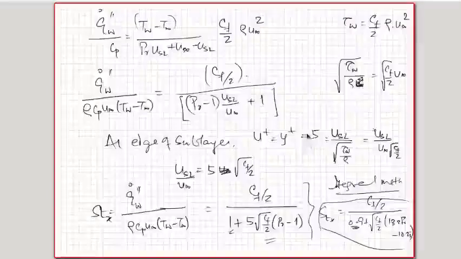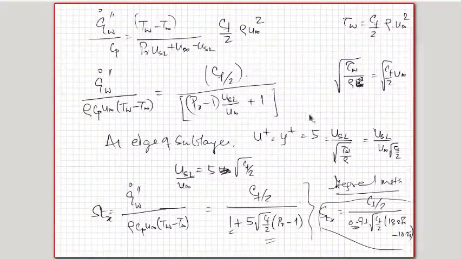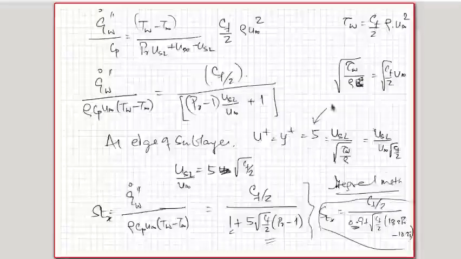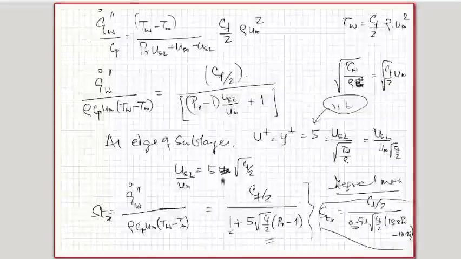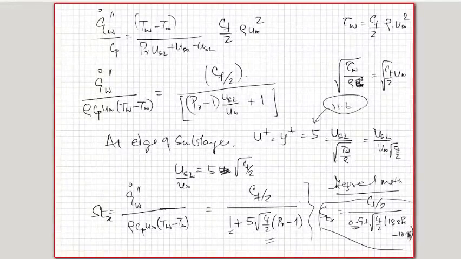In the two-layer models it's somewhere like 11.6, which we found in one of the earlier formulations. If we had done that, then this 5 would have become 11.6, and you would have gotten a value which is closer to this one.